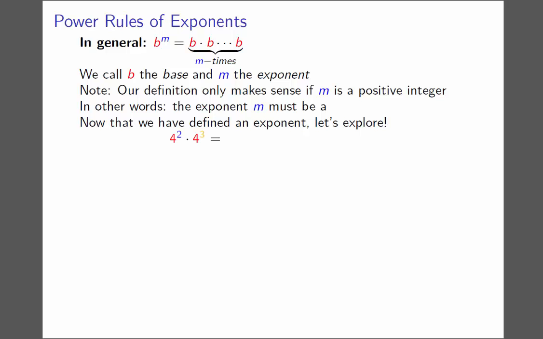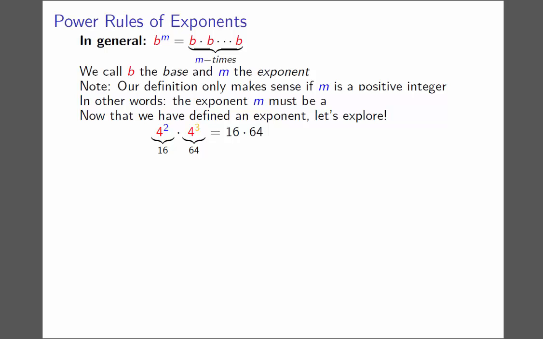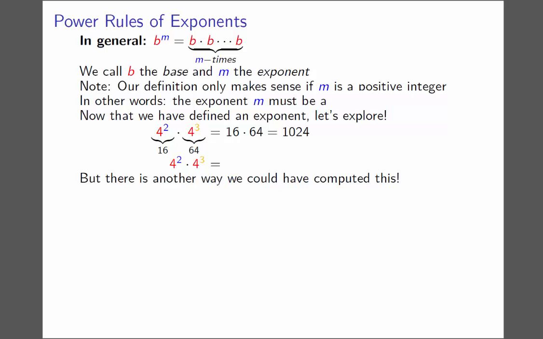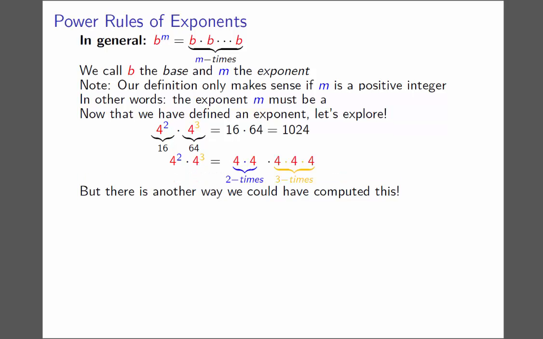What if we have 4 to the 2, or 4 squared, times 4 to the 3, 4 cubed? Well, 4 squared is 16, and 4 cubed is 64, so we could write this as 16 times 64, which is 1024. But we could have computed this in another way. 4 to the second power times 4 to the third power can be written as 4 times 4, which is 4 multiplied by itself 2 times, times 4 times 4 times 4, 4 multiplied by itself 3 times.